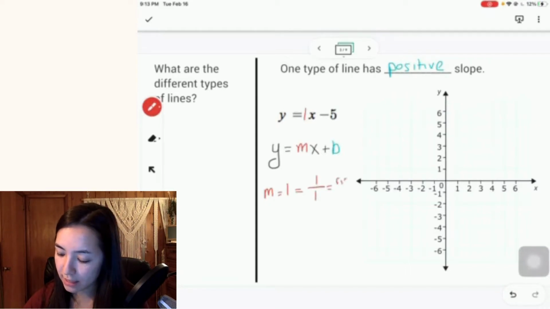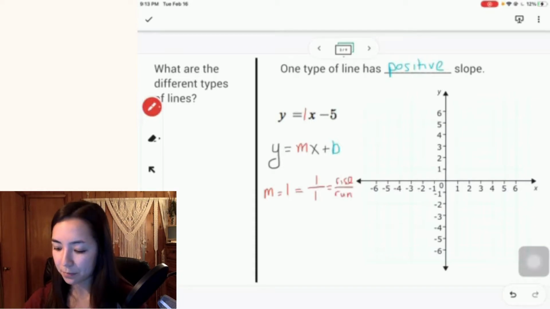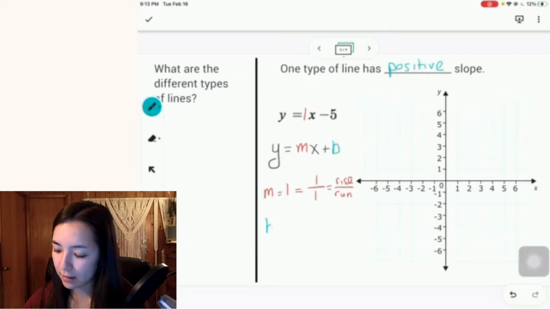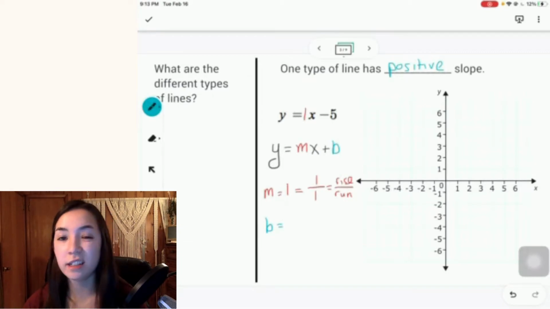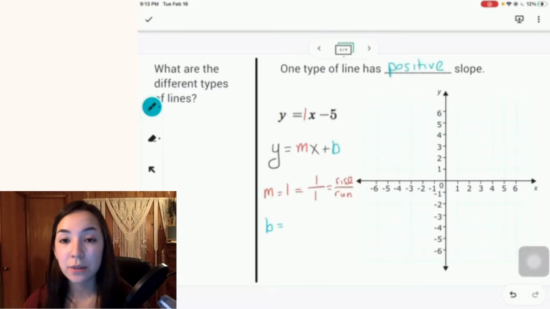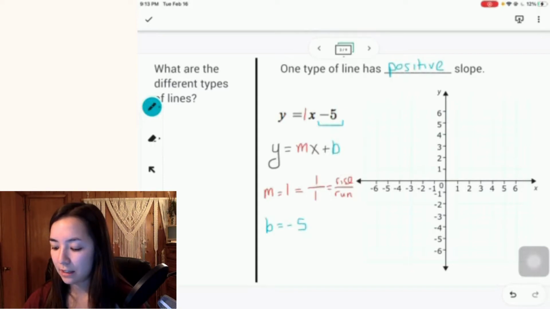Which means our rise is 1 and our run is 1. Our b is the part that's not attached to the x. So in this case, our b is negative 5. This is our y-intercept. It's going to tell us where to start on our graph.